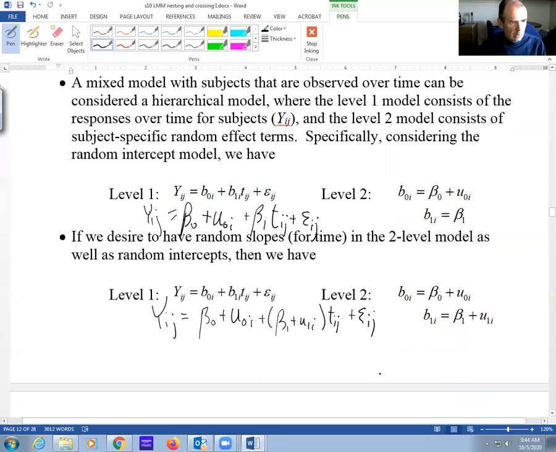Normally we would write this out, so we'd have the fixed effects piece, beta 1 Tij, and then we'd have our random effects piece.